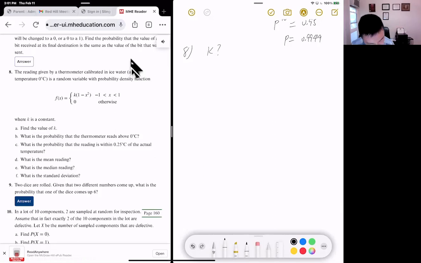Because the density function only varies from -1 to 1, if we integrate the PDF, that should equal 1. So k times the integral of (1 - x squared) dx equals 1.